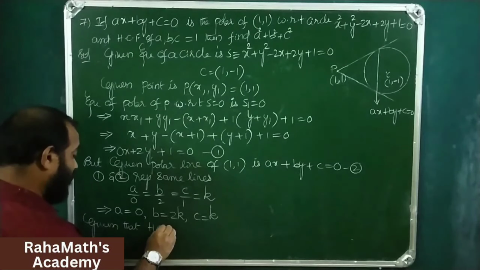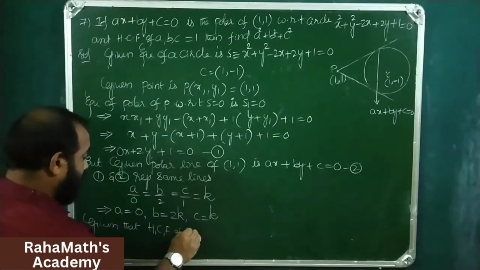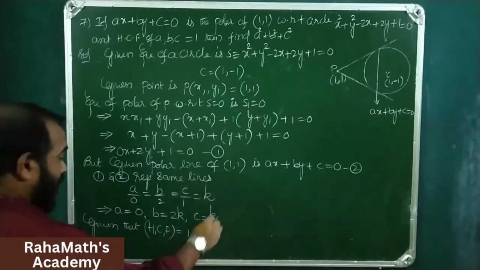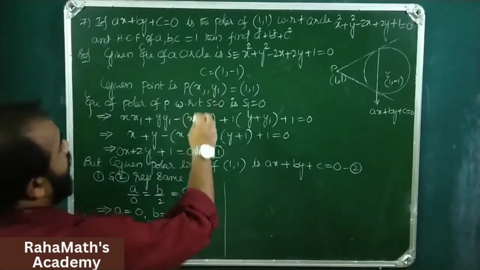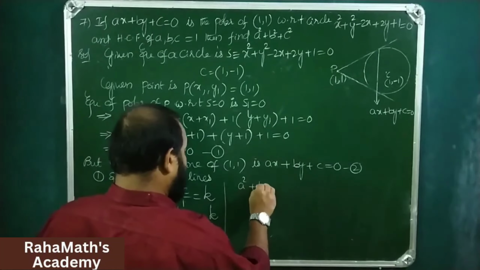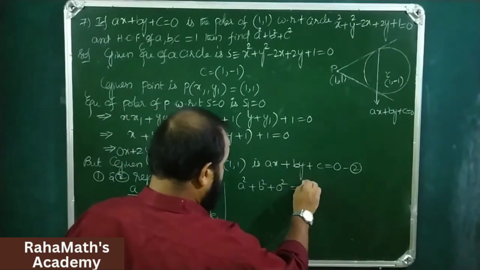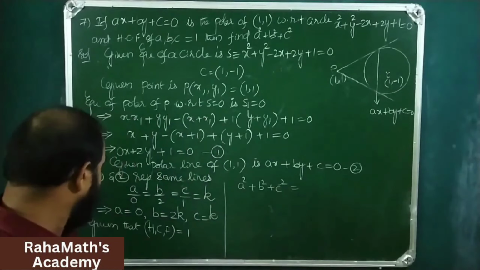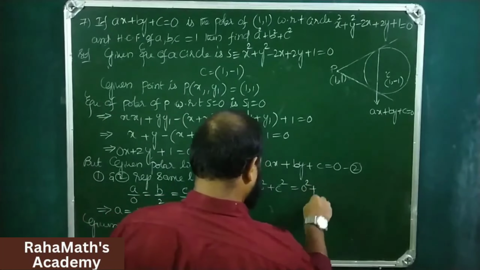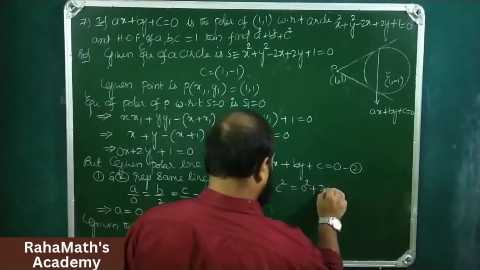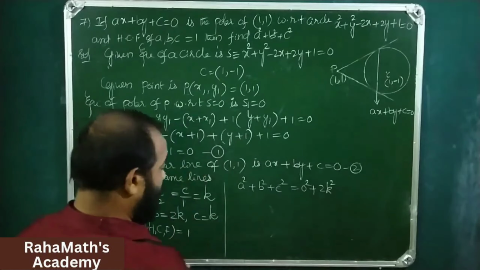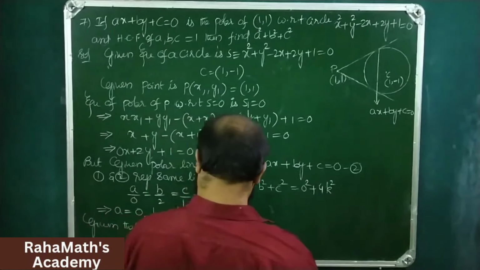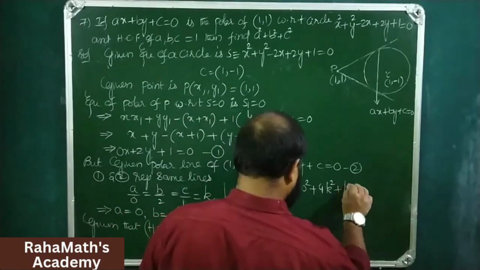Given that the HCF of a, b, c is 1, what is a square plus b square plus c square? a square is 0 square, plus b square is (2K) whole square, 4K square, plus c square is K square.